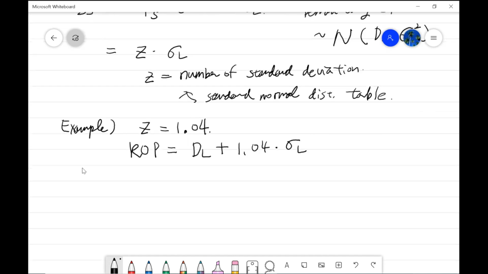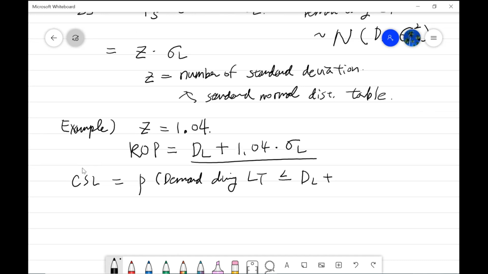The cycle service level is just the probability that demand during the lead time is less than the reorder point, that is DL plus 1.04 multiplied by sigma L. That is just the reorder point.